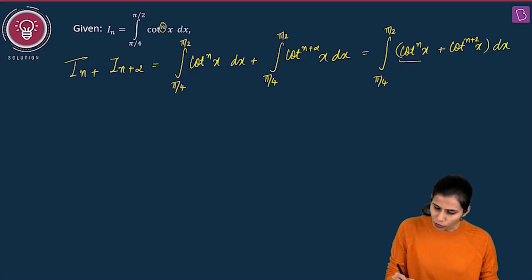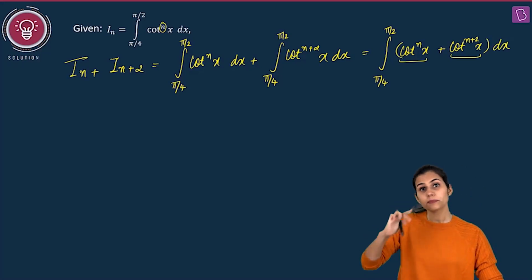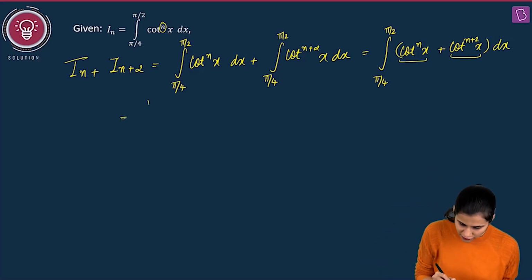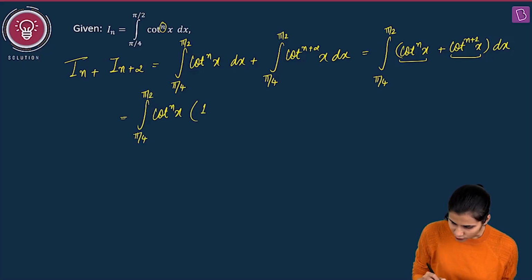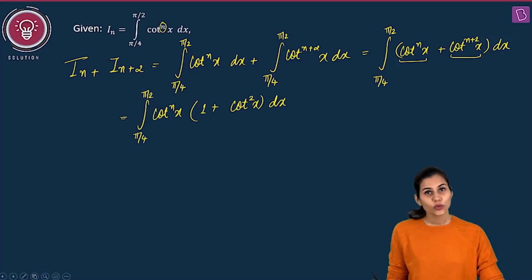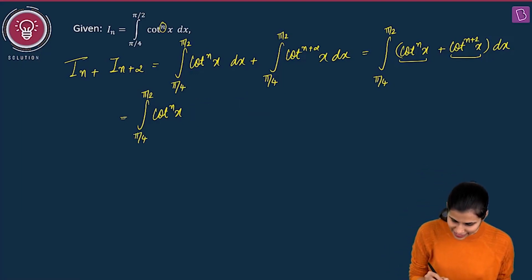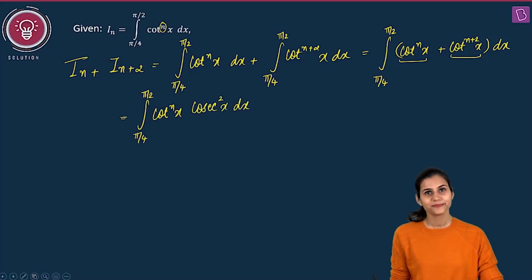Okay? In both these terms, you can see cot raised to the power n x sitting commonly. So I'm interested in extracting it out. So this will give me integral pi by 4 to pi by 2 cot raised to the power n x. Inside I'm going to have 1 plus cot square x dx. We all know 1 plus cot square x is nothing but cosec square x. Yes? So this is my final expression.